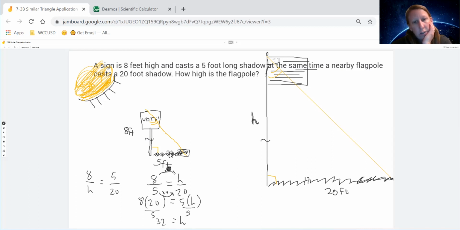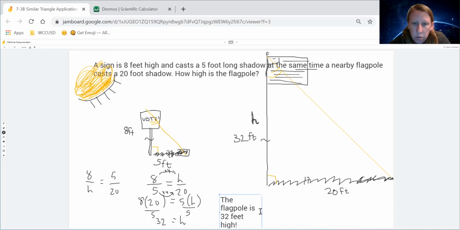My scale factor is 4. So to find this answer, I can just multiply by 4. What's the answer? 32 feet. Because it's a word problem, we want to write that in words. We're going to write the flagpole is 32 feet high. And I did not get in trouble for climbing the flagpole.